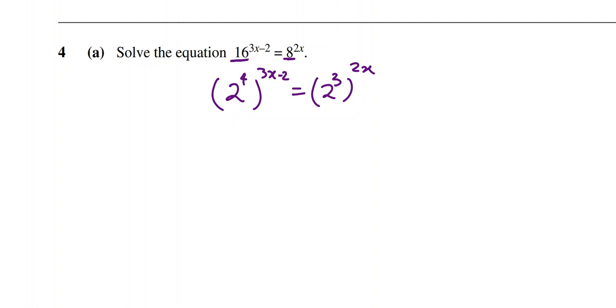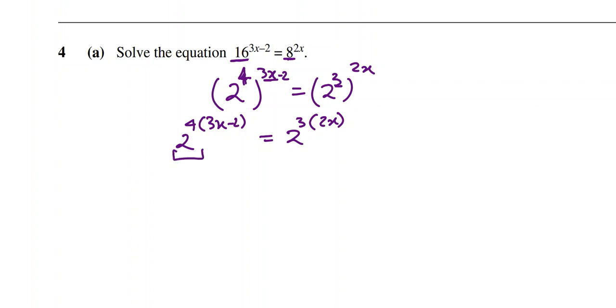So now we can merge this 4 and its exponent and 3 and the exponent over it. Whenever there's an exponent and a further an exponent, they multiply. So we can write this as 2 to the power 4 times 3x minus 2 equal to 2 to the power 3 times 2x, and they multiply.